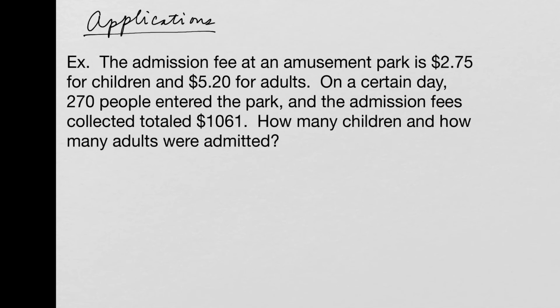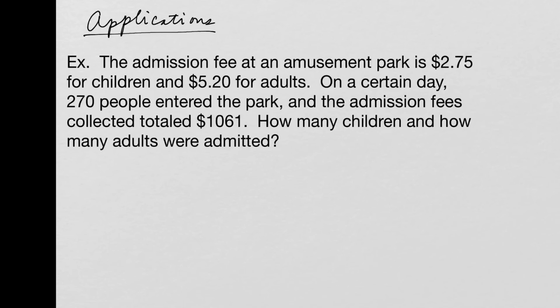Okay, so how do you start this? Well, the first thing we have to do is give a name to the variables that we're looking for. So what are we looking for? We're trying to figure out how many children and how many adults attended this amusement park.